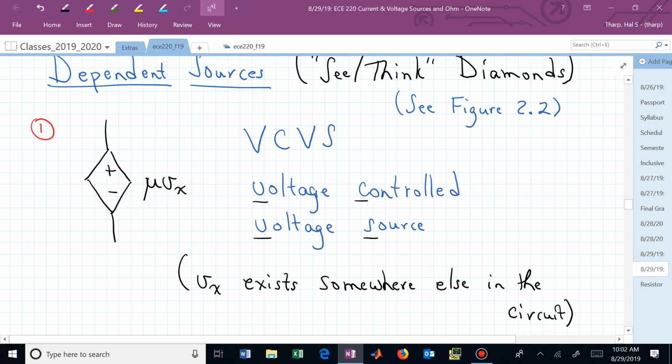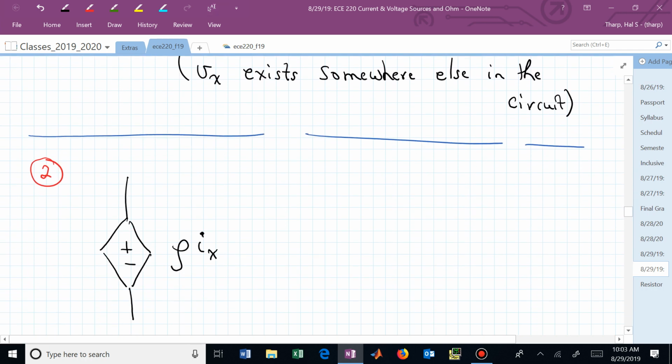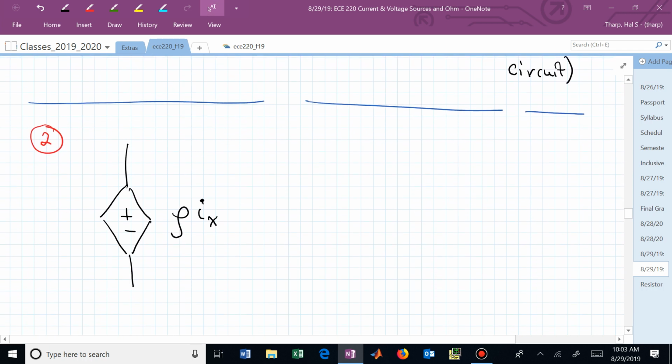This is a dependent source. In this case, it's a dependent voltage source, and even more descriptive, a voltage-controlled voltage source. Now, do you see all the different possibilities we can have? Can you name this one? Name this dependent source. What kind of a source is it?